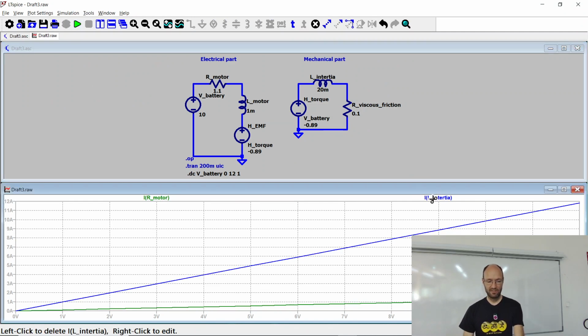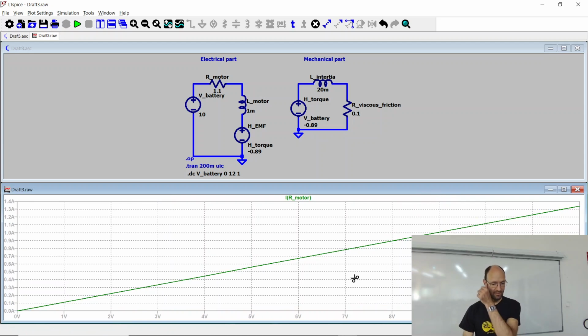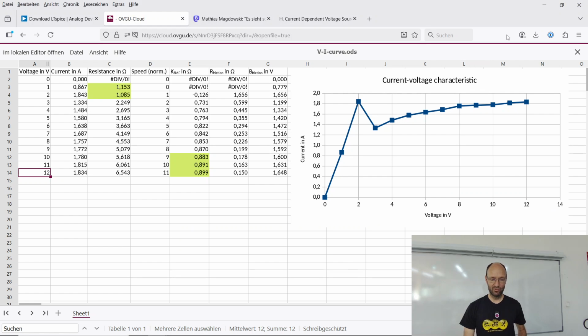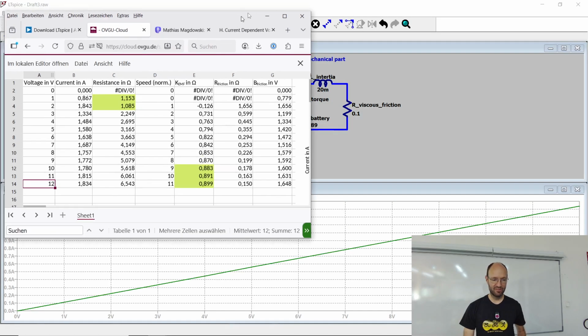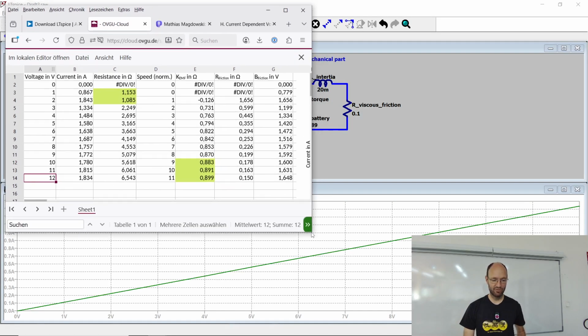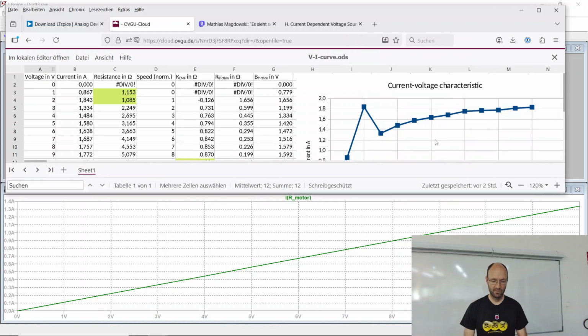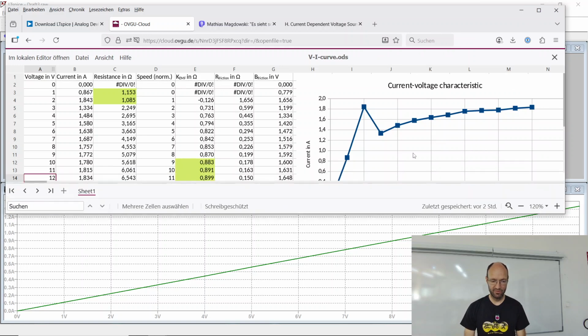and if we now take a look at this curve here, then if I try to compare this on the very same slide, on the very same page, maybe I need to change the browser settings a little bit.